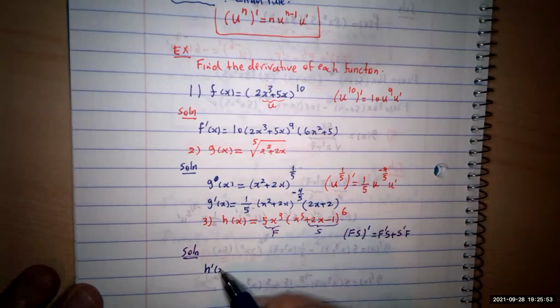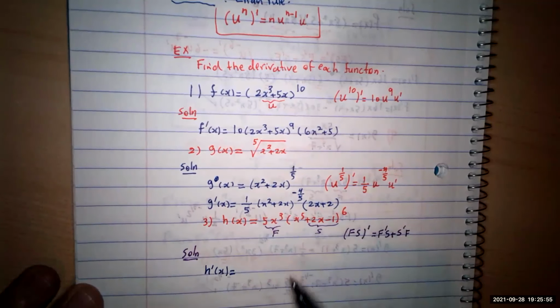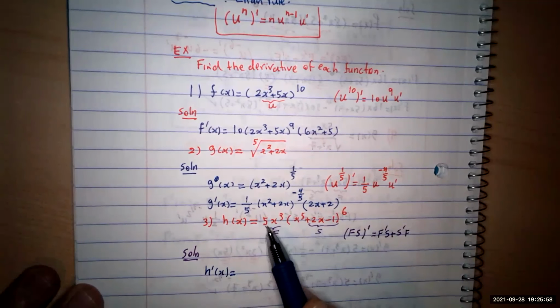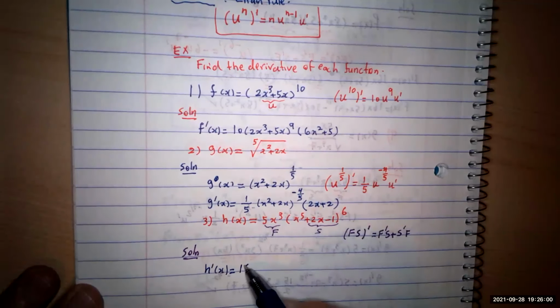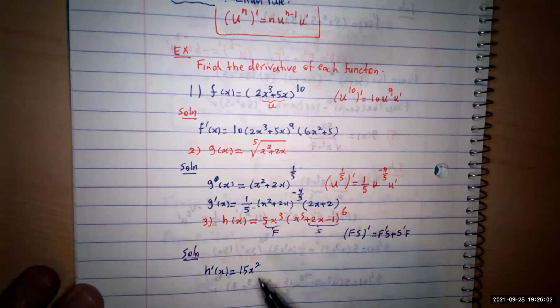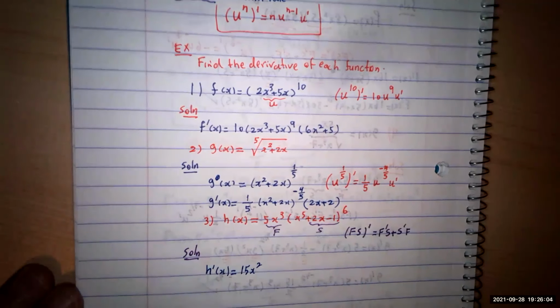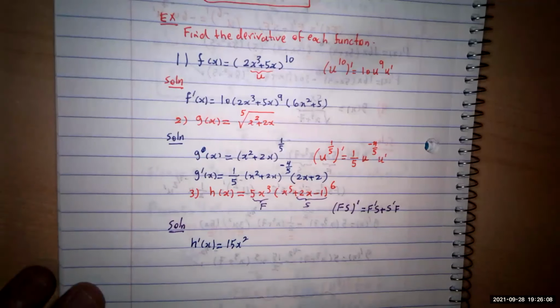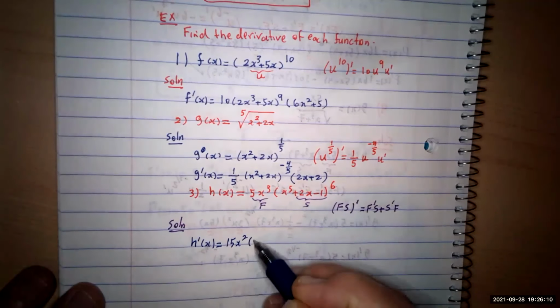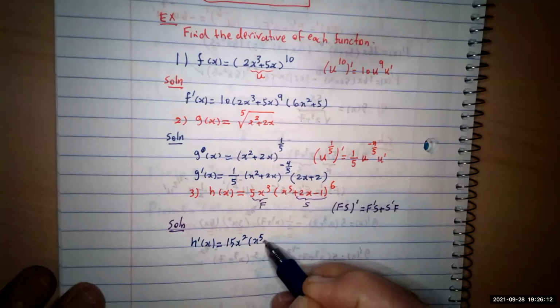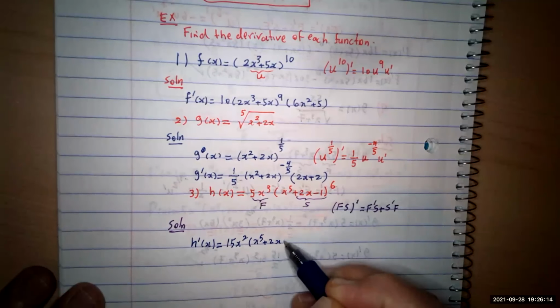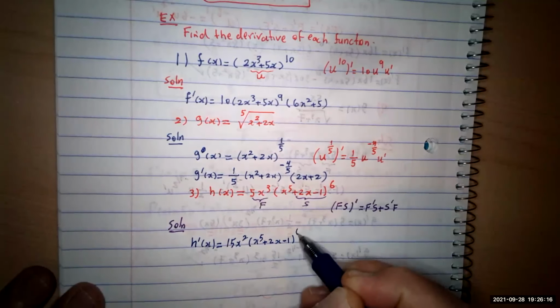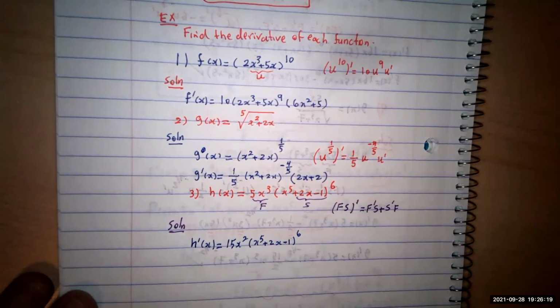You see, h prime of x is going to be equal to the derivative of the first one, 3 times 5 would be 15x squared. Okay, that's the derivative of the first one, times the second one, and this is it: times x to the fifth plus 2x minus 1, everything to the 6. So that's the derivative of the first times second.